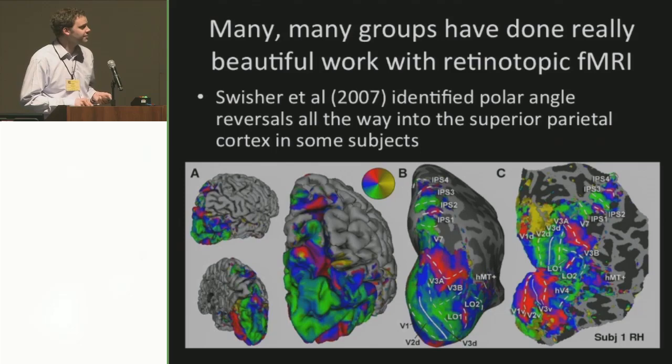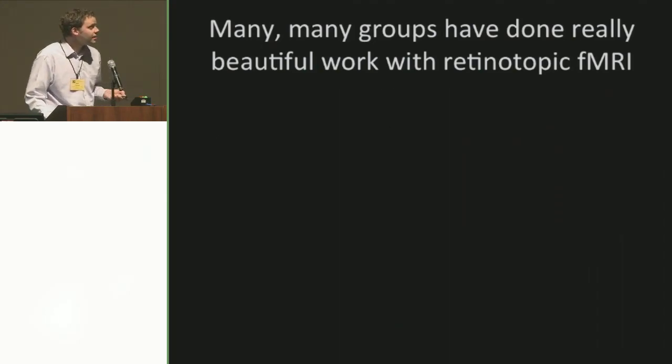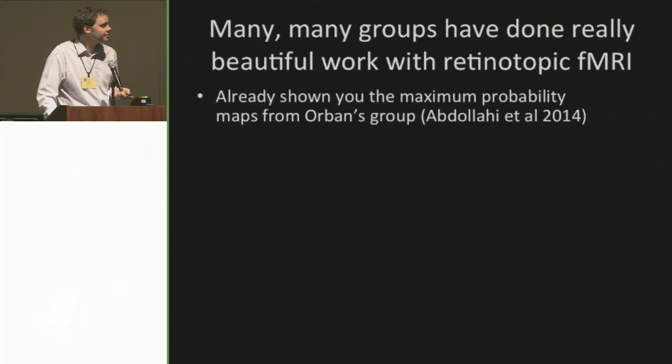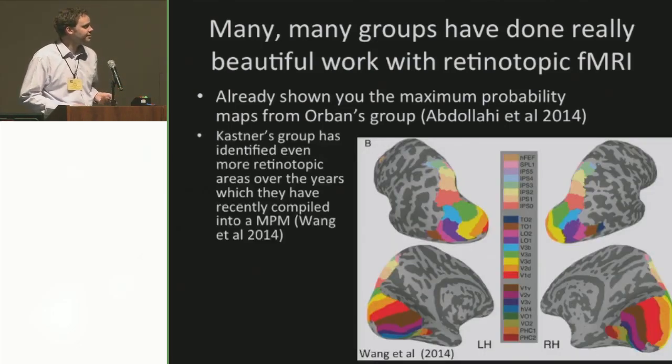So many groups have done really beautiful work with retinotopic fMRI. Here's one of those examples where they took the polar angle reversals and they went all the way up into the superior parietal cortex, identifying cortical areas based on these reversals. I've already shown you the Orban retinotopic maximum probability maps, but another study that recently came out from Sabine Kastner's group actually found even more cortical areas.